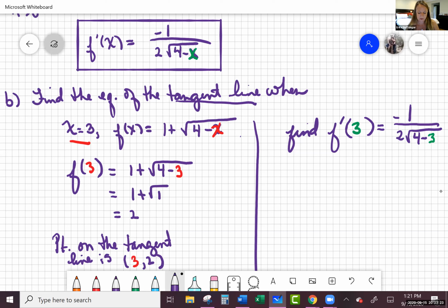So f prime of 3 is equal to 1 all over 2 times the square root of 1, but square root of 1 is 1. So this would equal, oops, and I need my negative. So -1 all over 2, or -1/2.